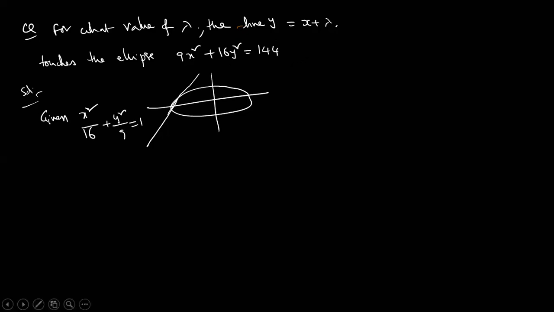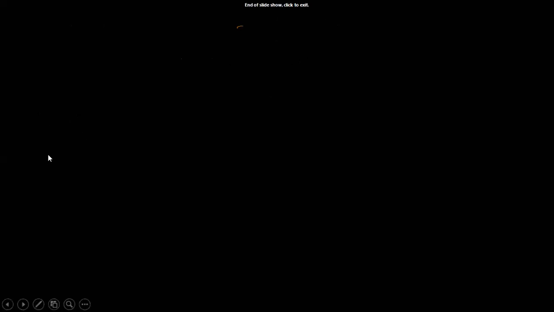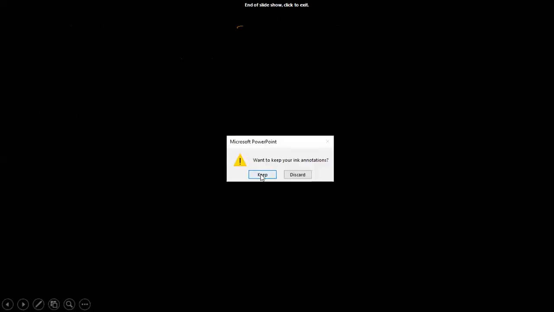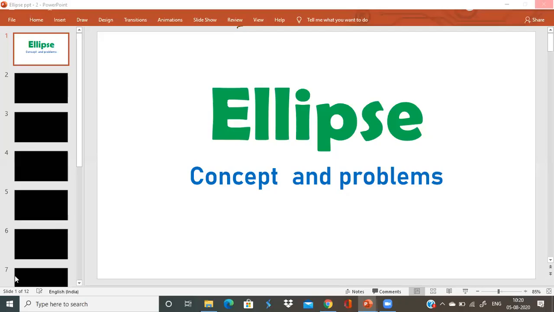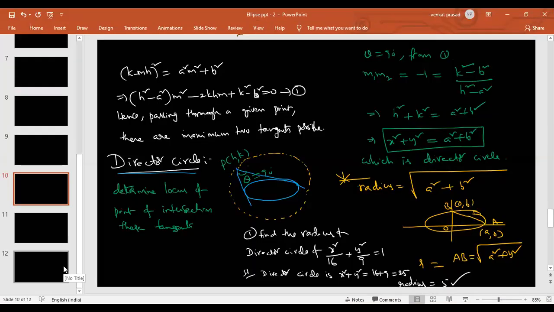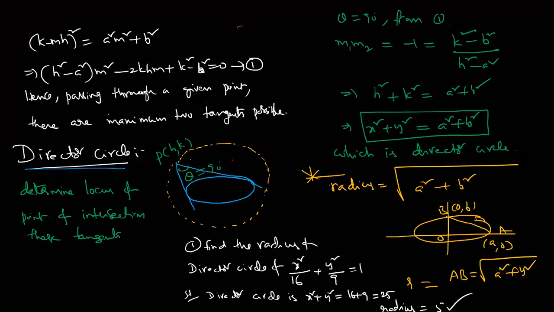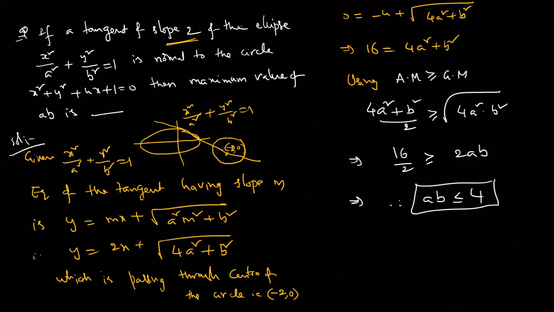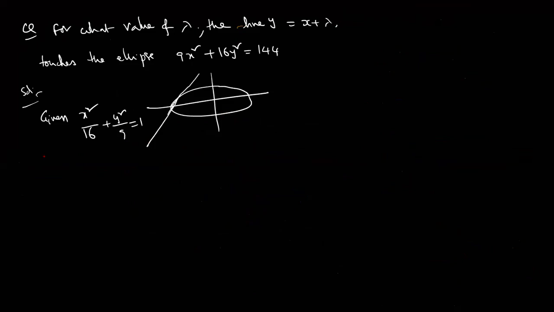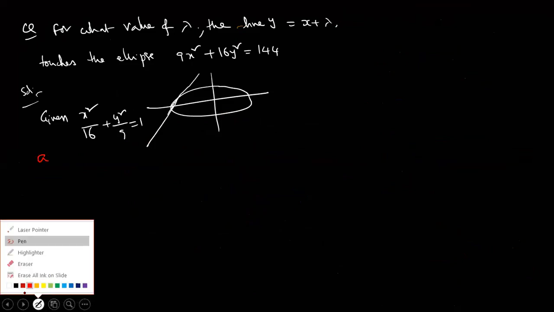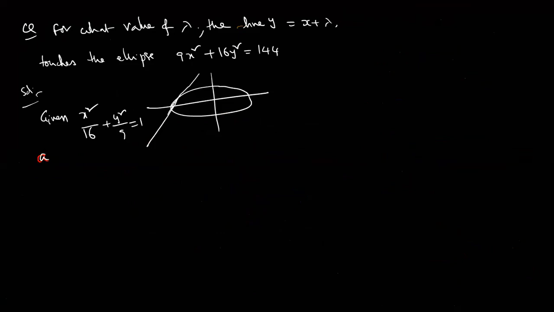Yes, correct. So in this case, a square is 16, b square is 9. Okay, last step.